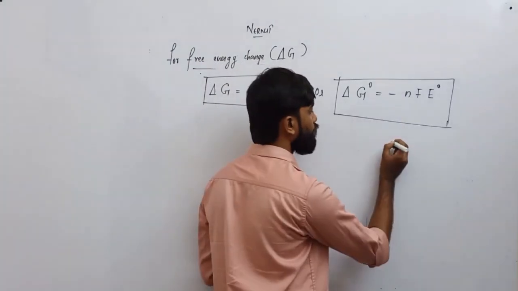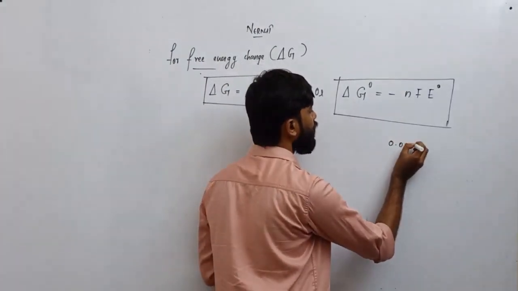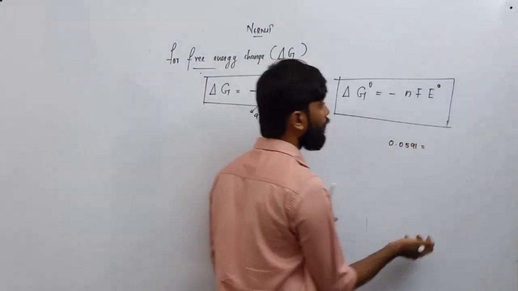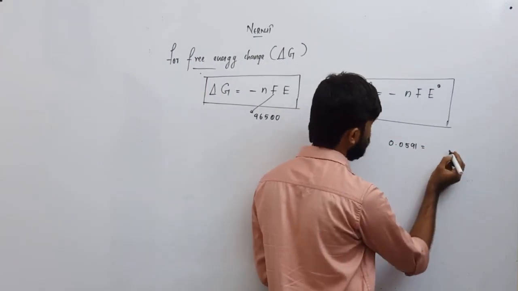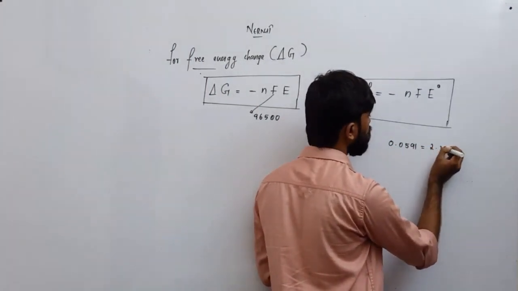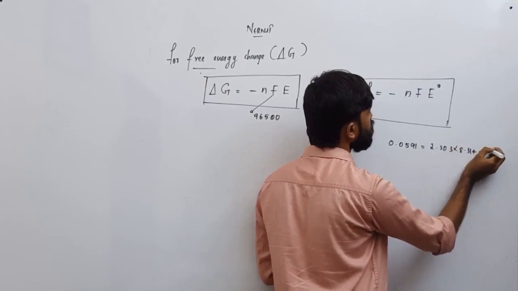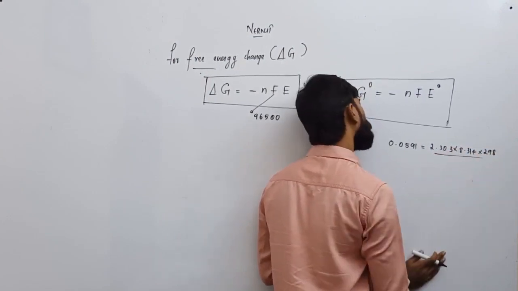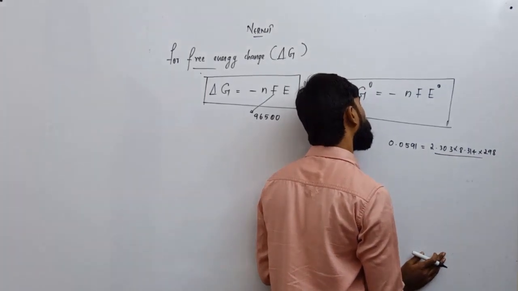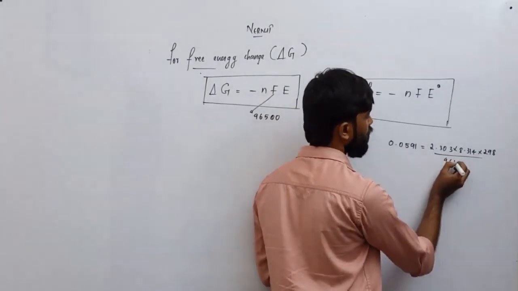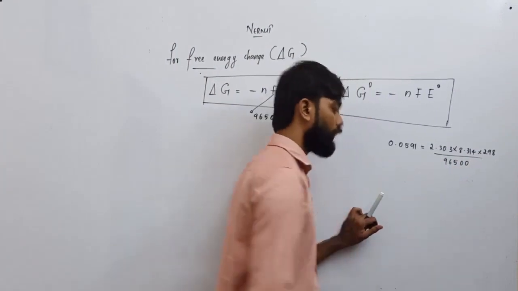And one more thing you have to know: the constant 0.0591 is actually obtained from 2.303 into 8.314 into 298, that is RT by F, divided by 96500.